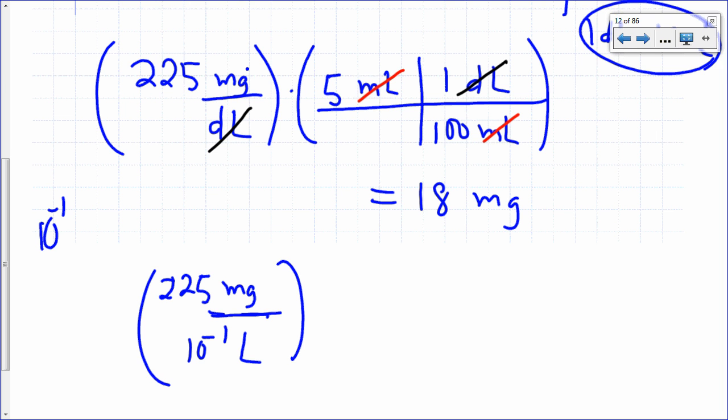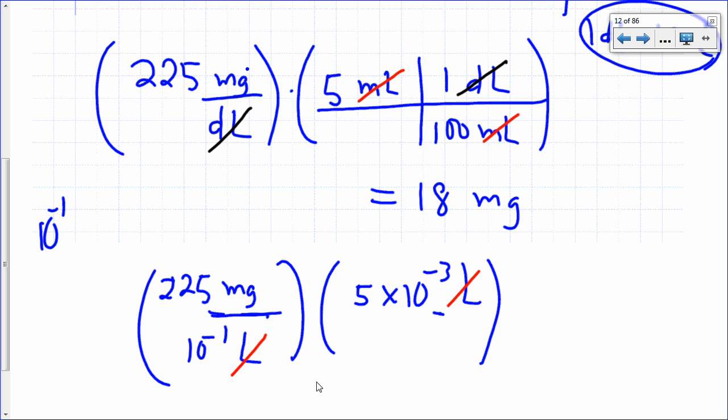Multiply by 5 milliliters, 5 times 10 to the negative 3 liters. Milli means 10 to the negative third. So you can cancel liters right away if you want, and you should get the same answer. So that's going to give you 225 times 5 times 10 to the negative 3 divided by 10 to the negative 1, and that should give you the same answer.